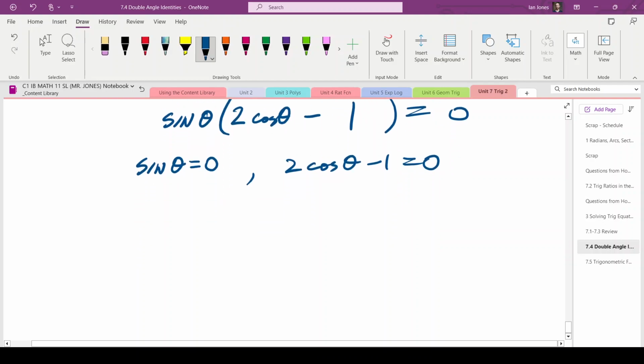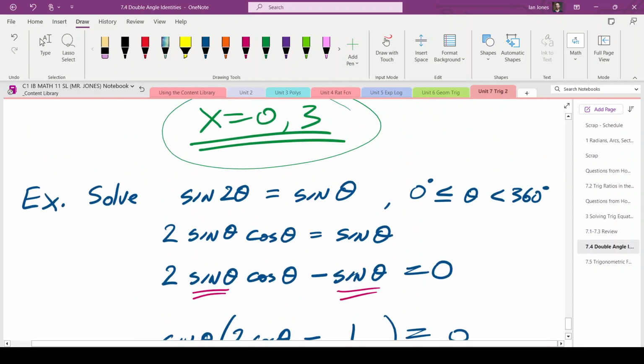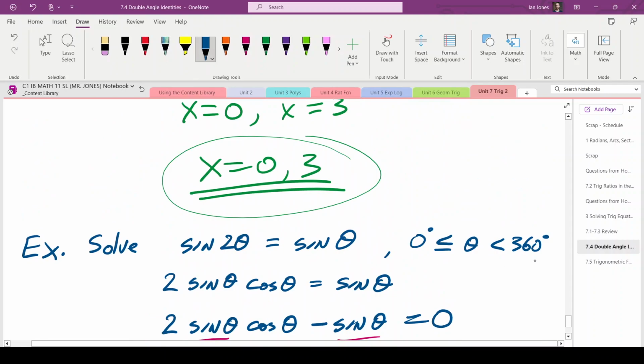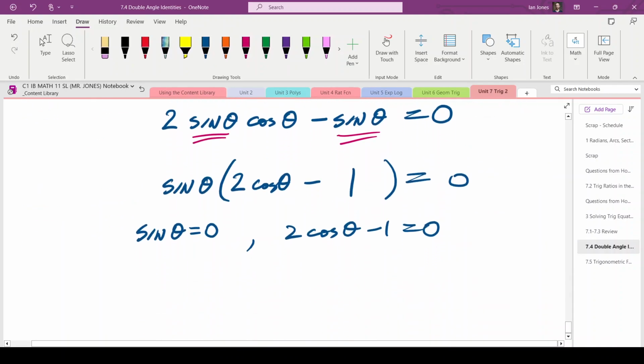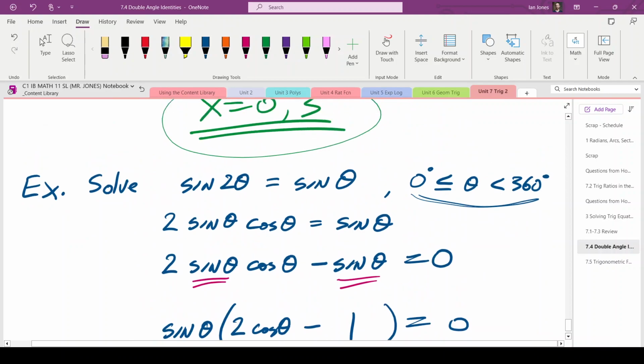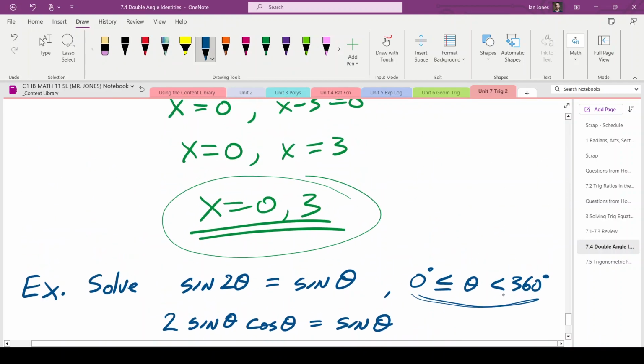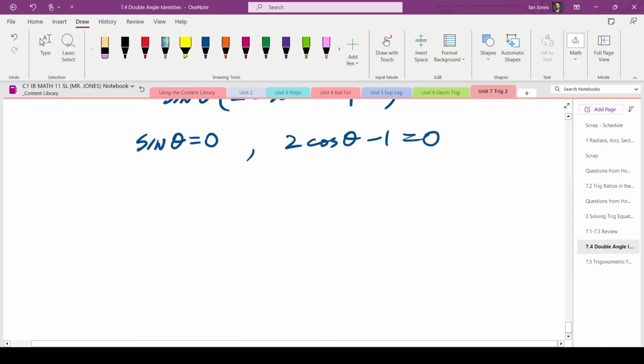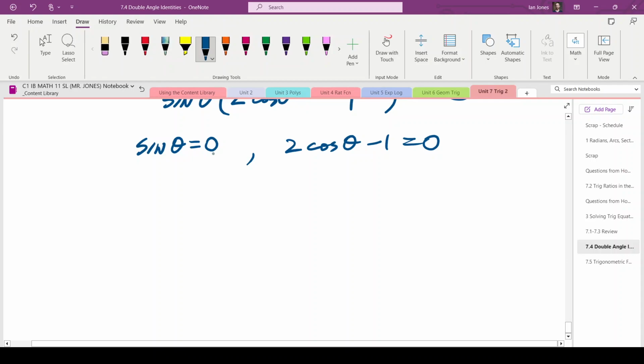Sine theta equals 0. This is on our special angles chart. We're given that we're going to do one circle, and do we include 360? No, we don't include 360. That's actually important here. So sine theta equals 0 when theta equals 0 degrees or 180 degrees.